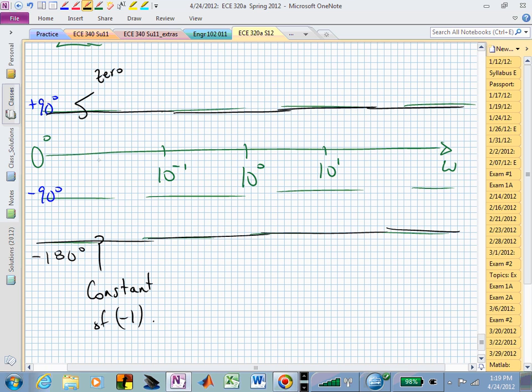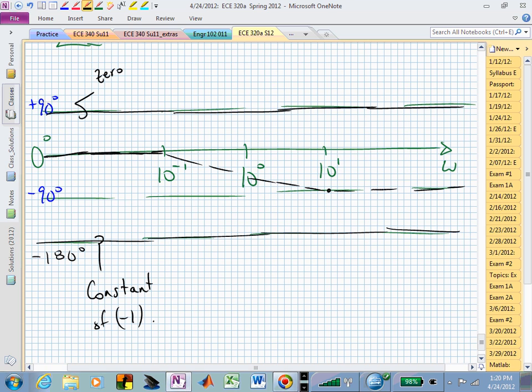Now our pole at 1 turns on phase-wise at 0.1. It turns off at 10 when it has contributed minus 90 degrees. So now I connect this with a straight line.